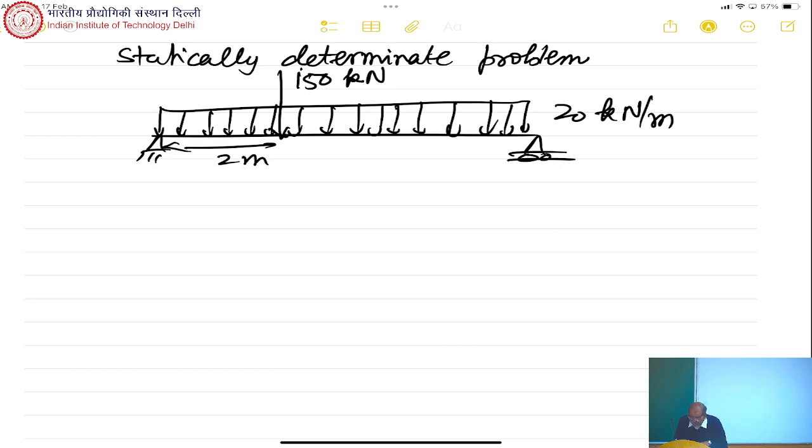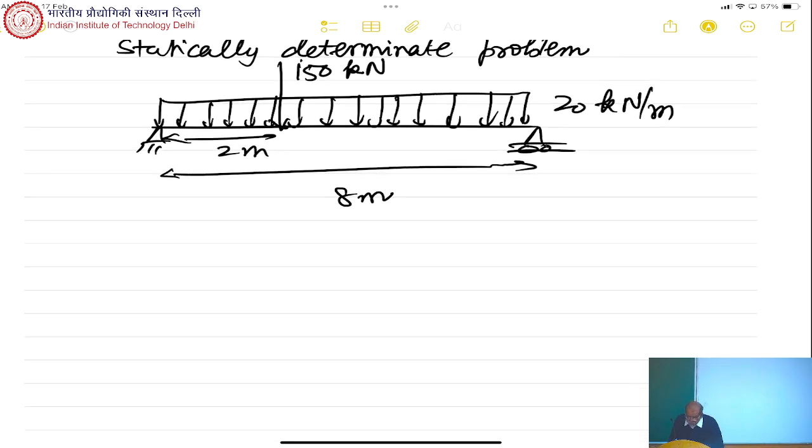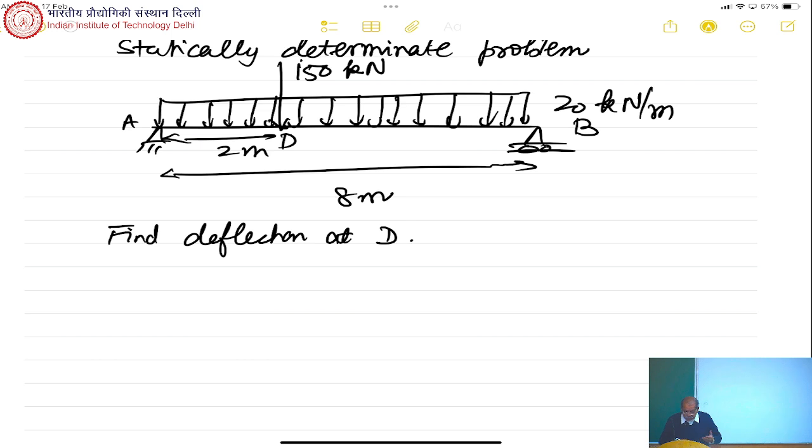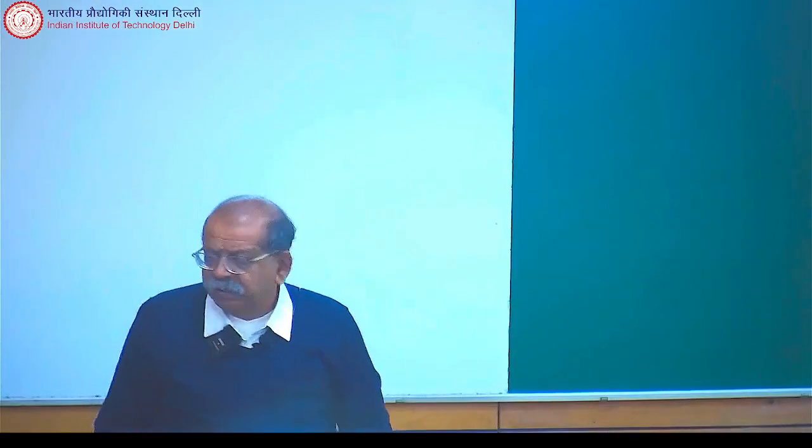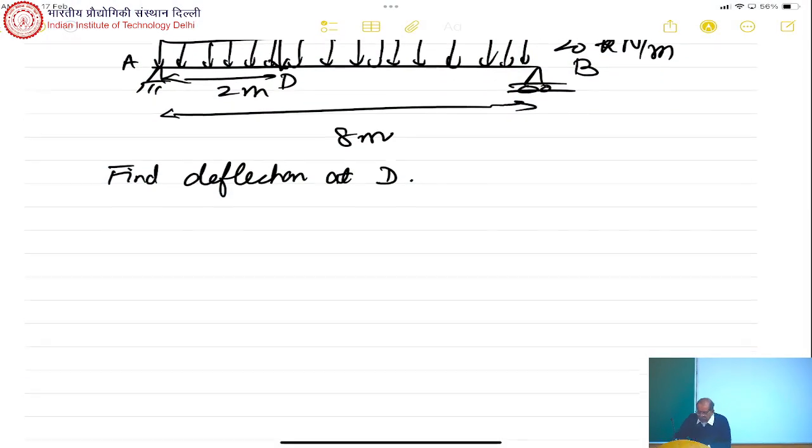I'm taking examples from the book so that it will be easy for you. So here we have given a loading like this, where there is a uniform load and a concentrated load at D. And it says find the deflection at D. So this problem we can write it as equal to.